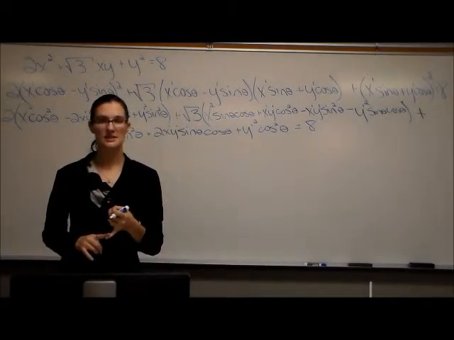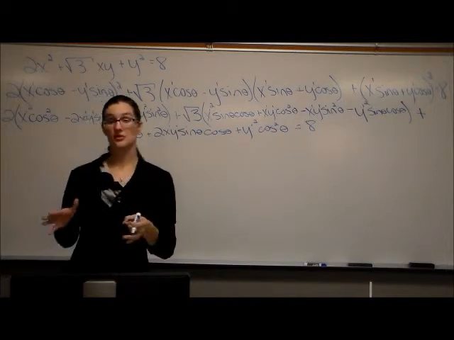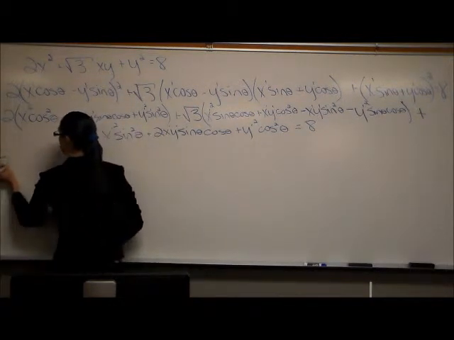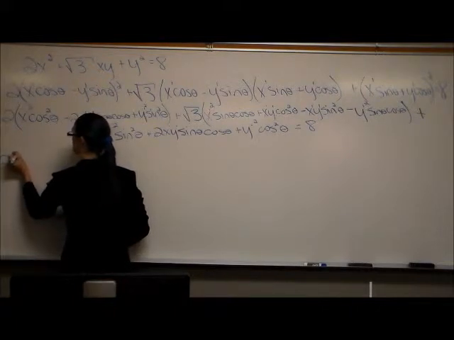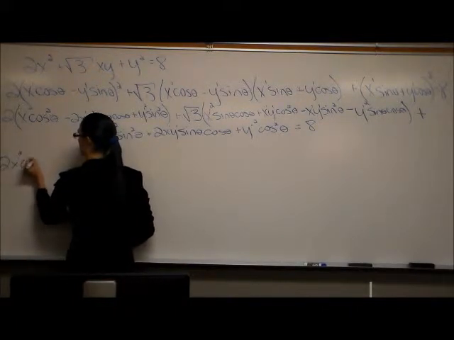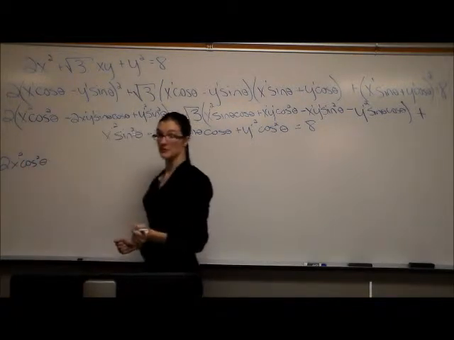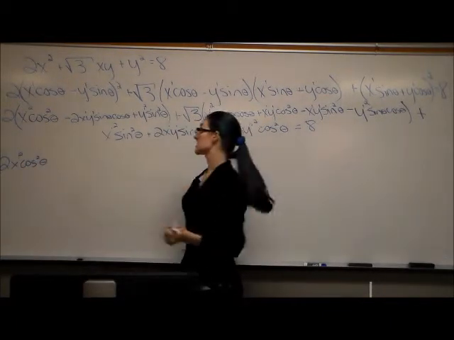Get rid of all your parentheses, combine like terms first. So we need to distribute the 2. That's going to give us 2x prime squared cosine squared of theta. Make sure your squares are visible and readable. Make sure you don't accidentally forget to write one down.